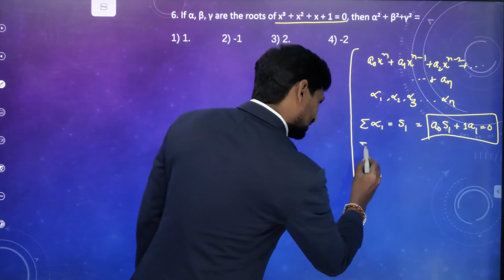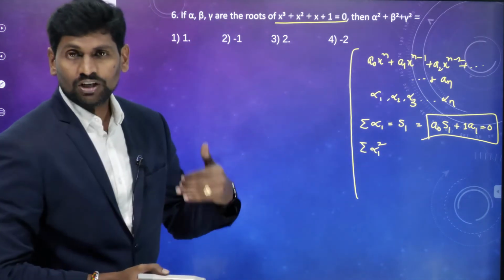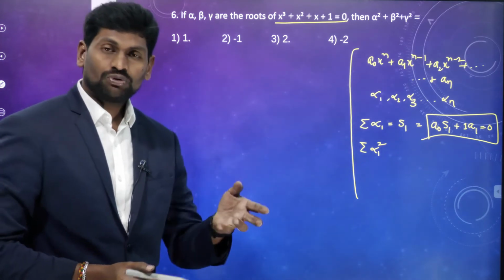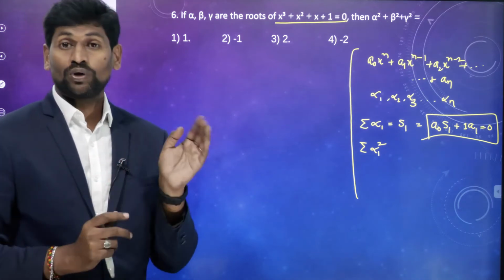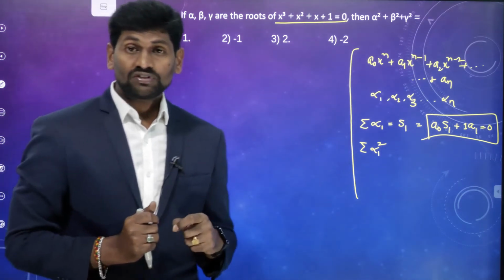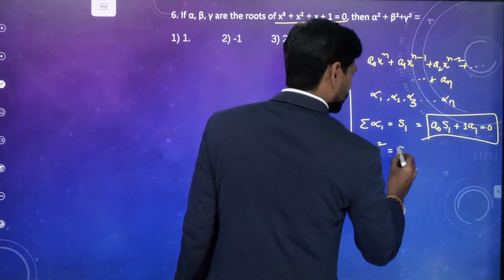Next, second one, sigma alpha 1 square. That means alpha 1 square plus alpha 2 square plus alpha 3 square plus and so on plus alpha n square. Nothing but the sum of the squares of the roots. For this we are considering S2.